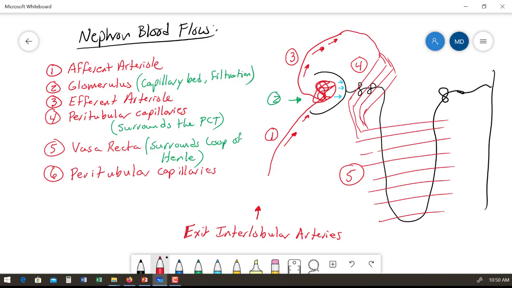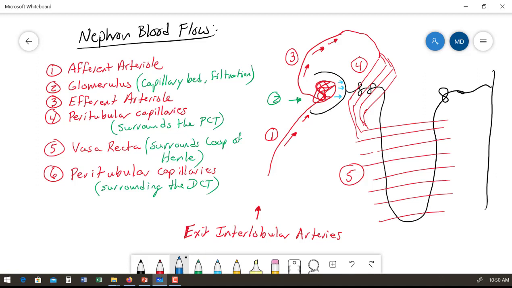But these are the peritubular capillaries that surround the distal convoluted tubule. So the DCT, so distal convoluted tubule.